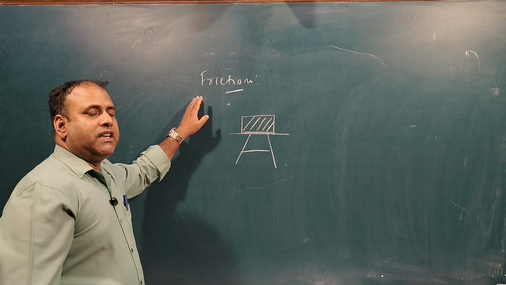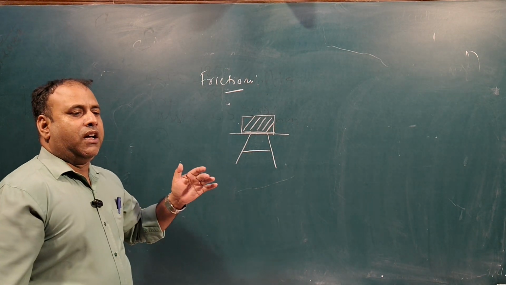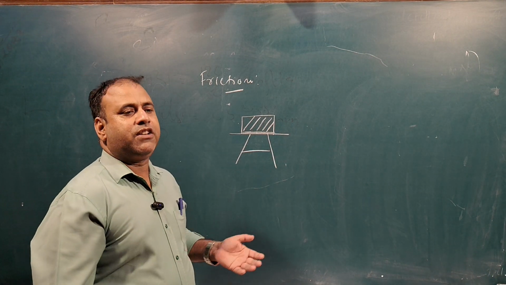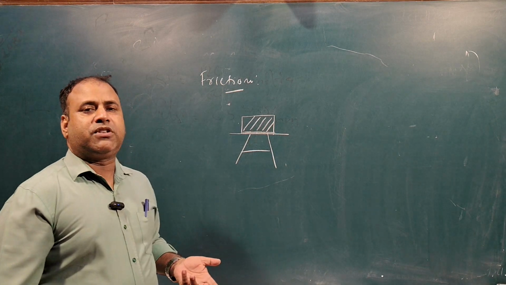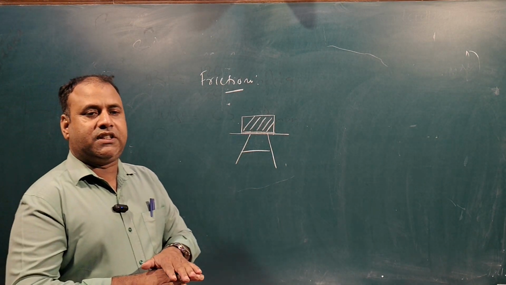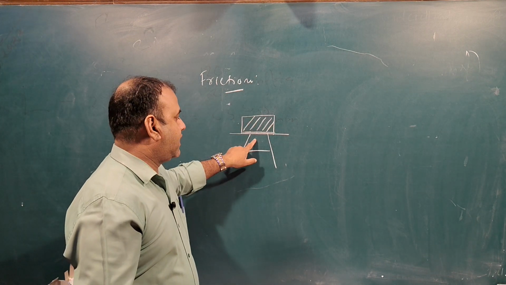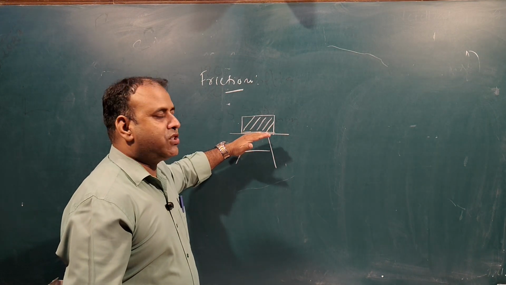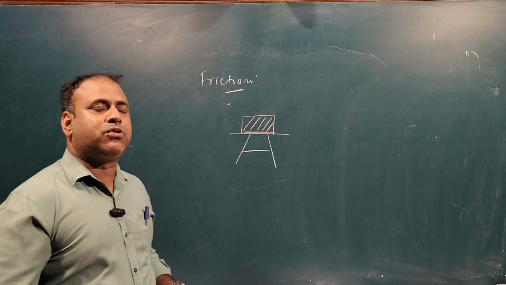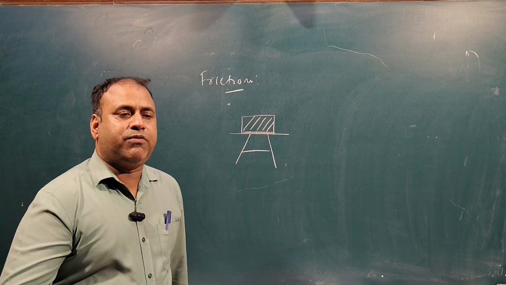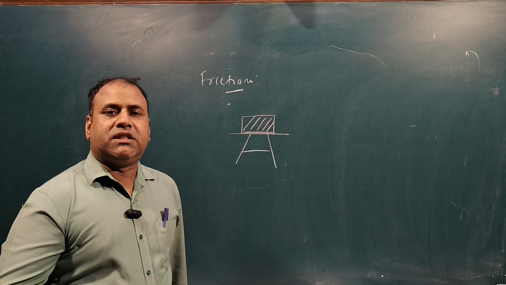There are different types of friction: rolling friction, dynamic friction, and static friction. Static friction is when both objects are at rest, suppose this object is at rest and the table is also at rest, so the friction developed between the two bodies is called static friction.